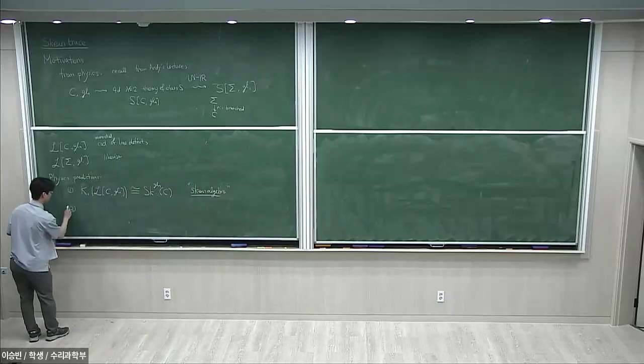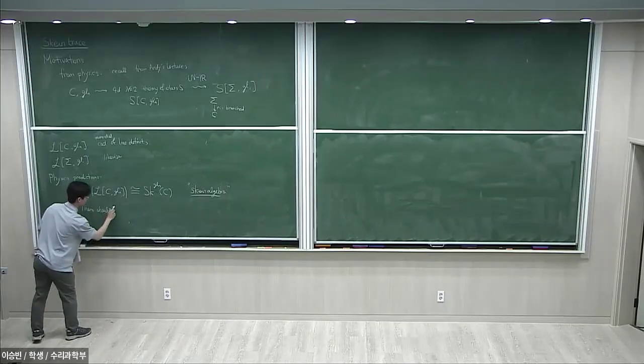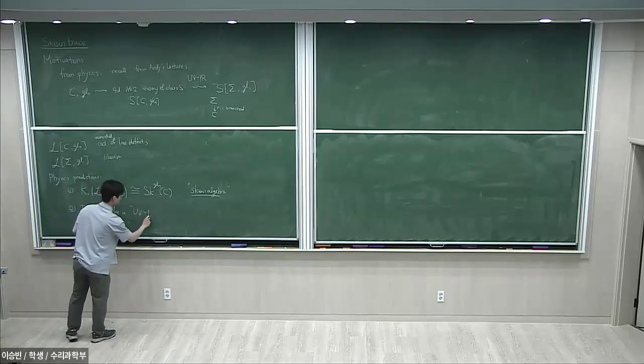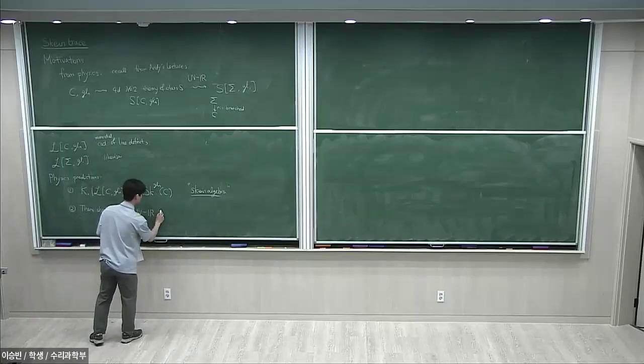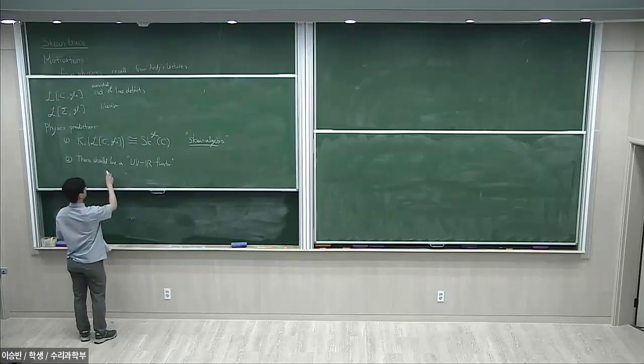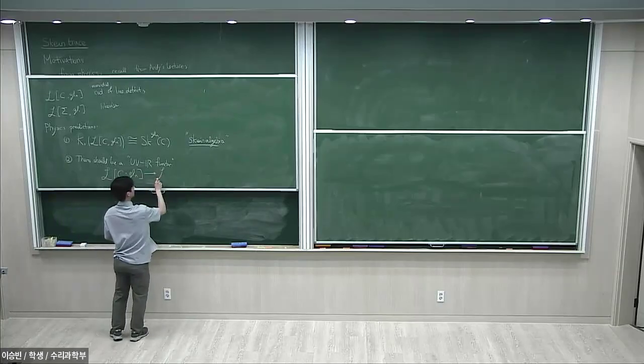And second, there should be what I might call a UV-IR functor. So it should be some monoidal functor from the category of UV line defects to the category of IR line defects.